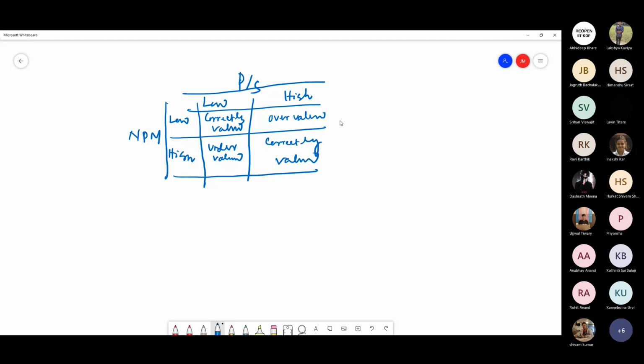Accordingly, they construct their portfolio and take their positions in the market. So these are the fundamental valuation principles we always use in equity valuation whenever we go for investing in the market.